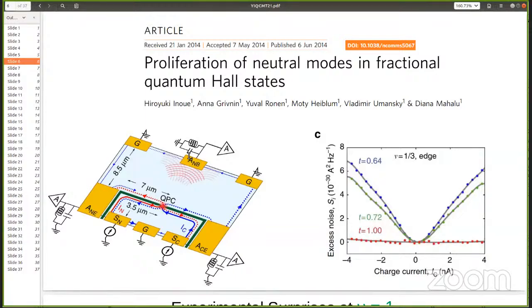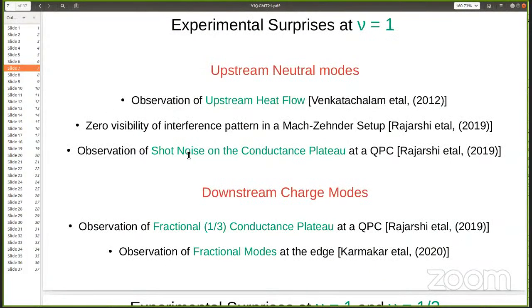Essentially, let me just say that I only presented one or two experiments, but there have been a series of experiments on nu equals 1 which find some very strange results, including one recent one from the group of Biswajit Karmakar. Essentially, there are two things they find.